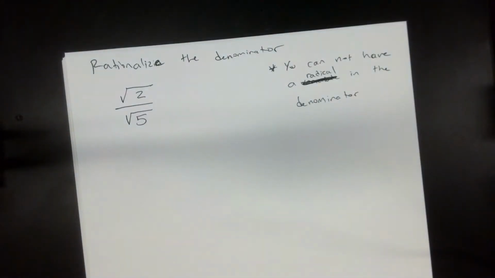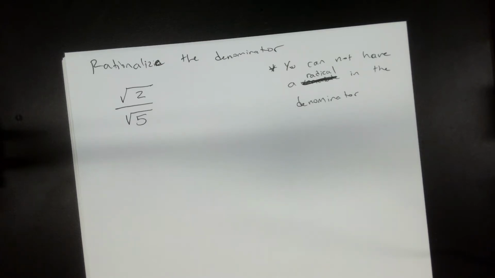You cannot have a radical in the denominator. Now, all week this week, we've talked about radicals. What are radicals? Yeah, the square roots, right? Square roots, cubed roots, fourth roots, whatever. Any kind of root is a radical.